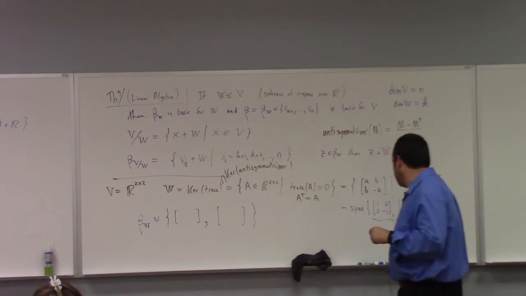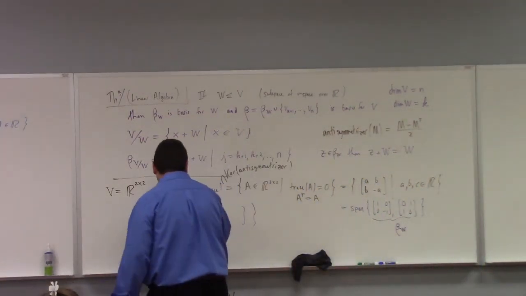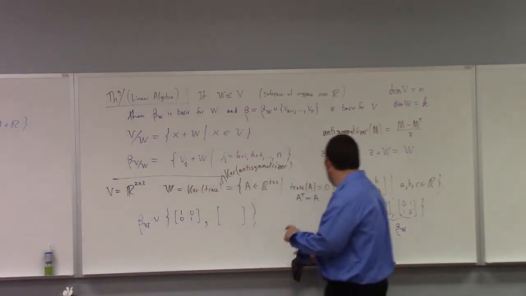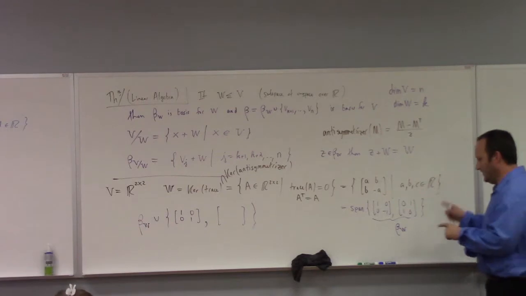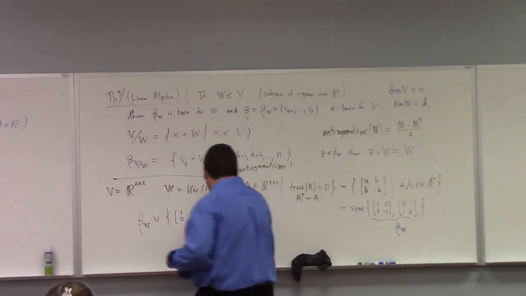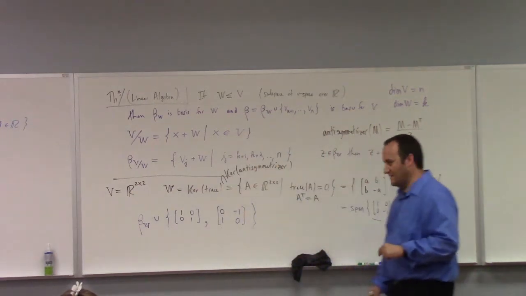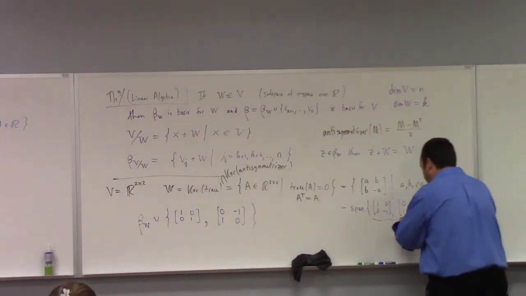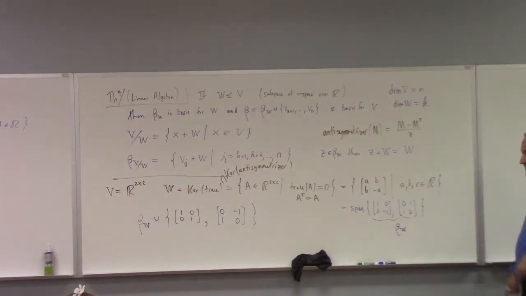I'll tell you what I want to do. I want to use the identity matrix, because that is clearly linearly independent from this one and that one. And then I want to use that one, because that's actually linearly independent from the other one and also that one. So look at all four of these together.